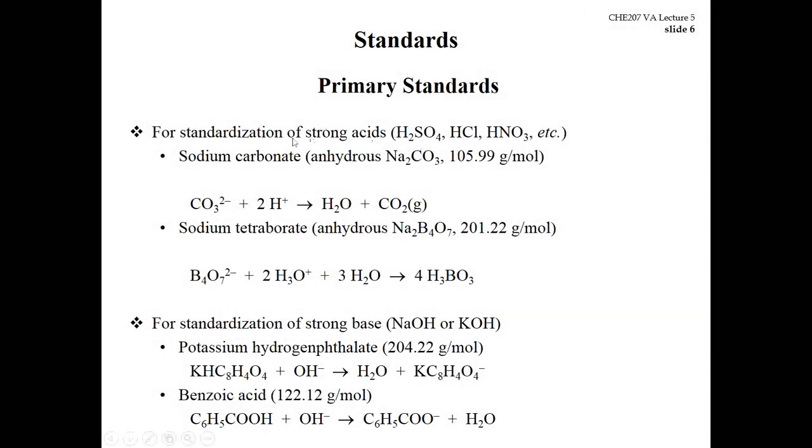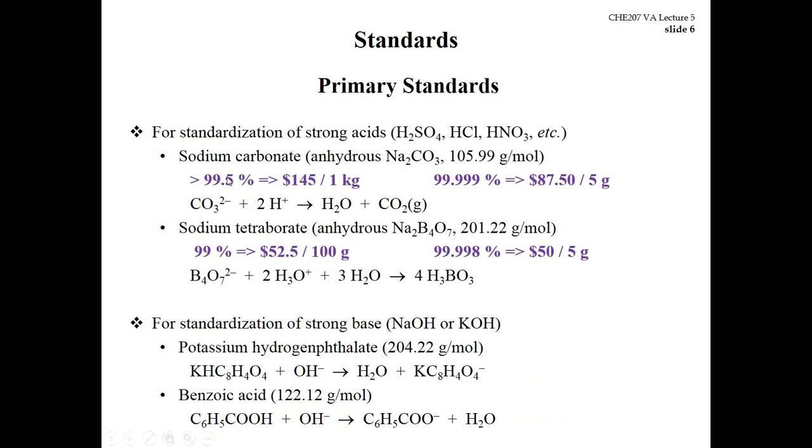As a primary standard for strong acid, we use sodium carbonate or sodium tetraborate. You see that both have fairly high molar mass, and we know the chemical reactions for these two. Now look at the cost of sodium carbonate.